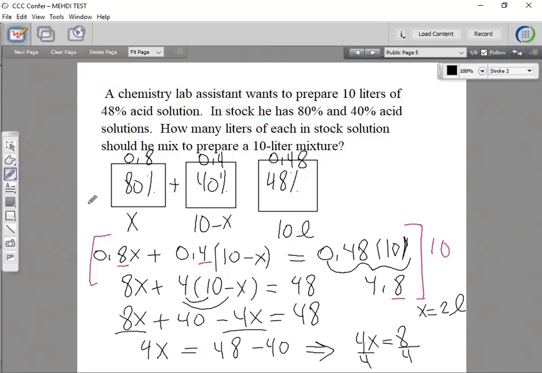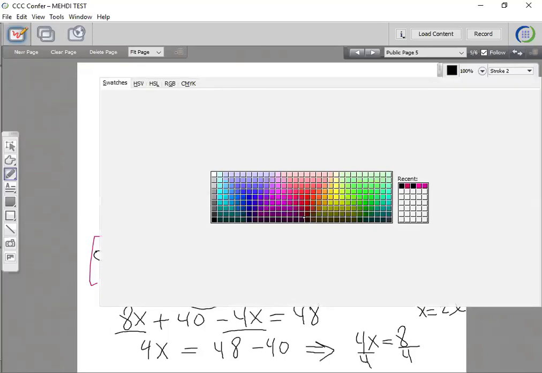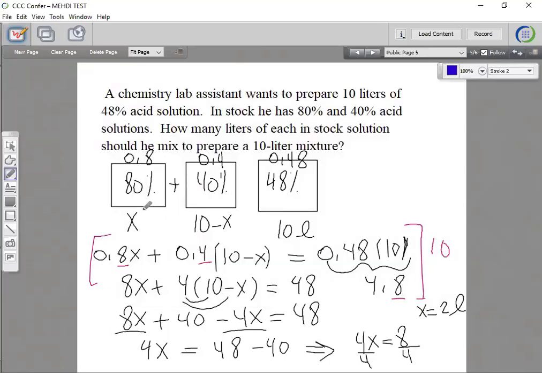So if x is equal to 2 liters, how much are we going to use for the 40%? 10 minus 2, which is equal to what? 8 liters. So it means I have to use 2 liters of 80% solution, and I have to use 8 liters of 40% solution.